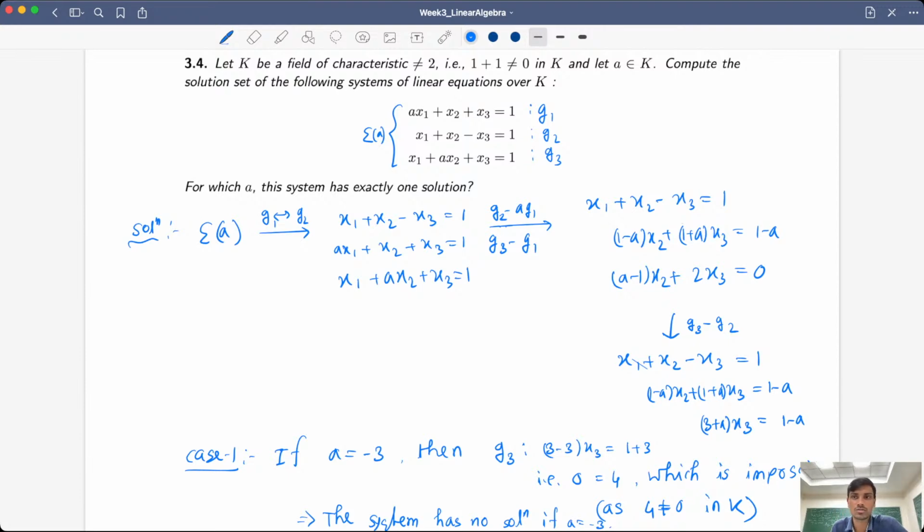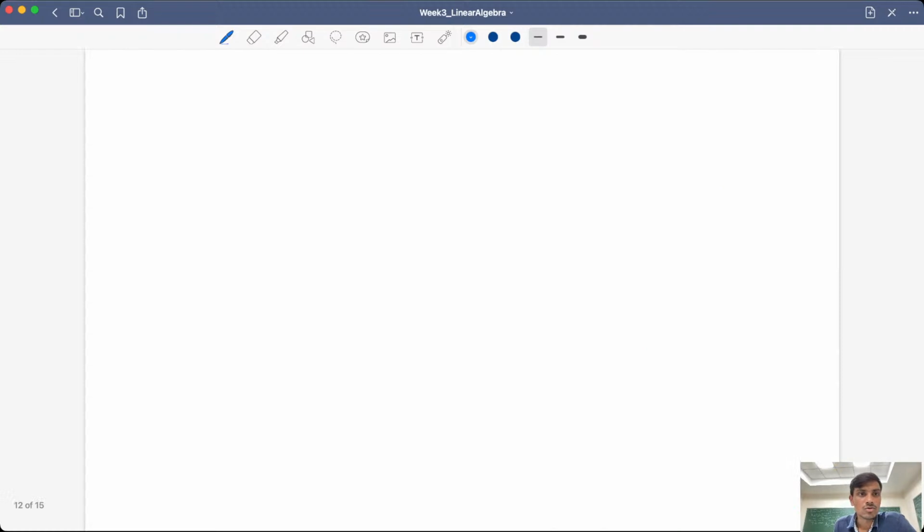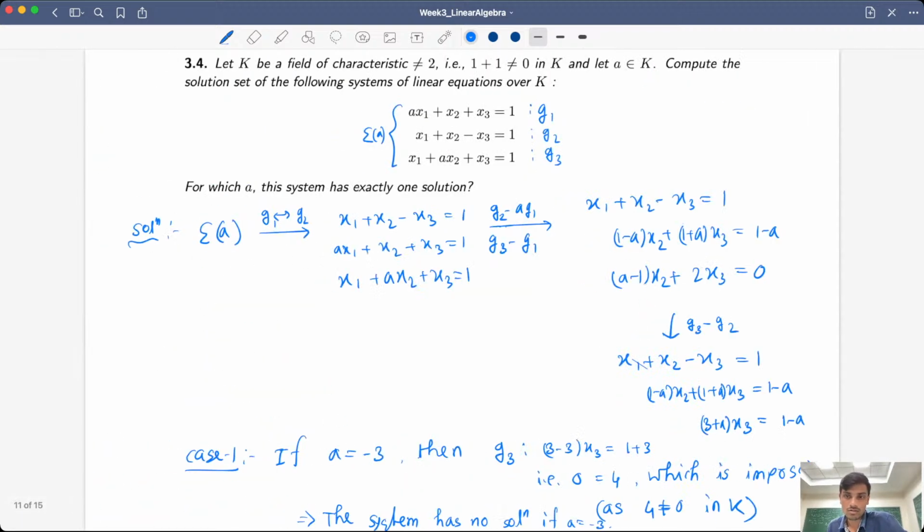Okay, so consider the next case then. Case 2 is a not equal to minus 3. So subcase, a not equal to minus 3, it might be equal to 1, right?